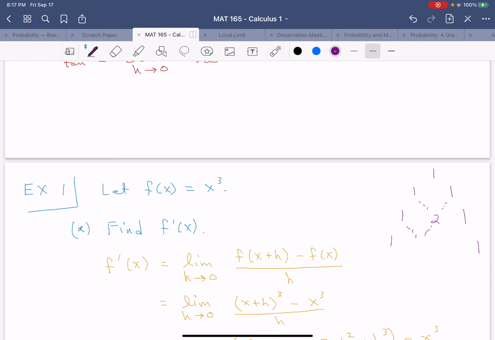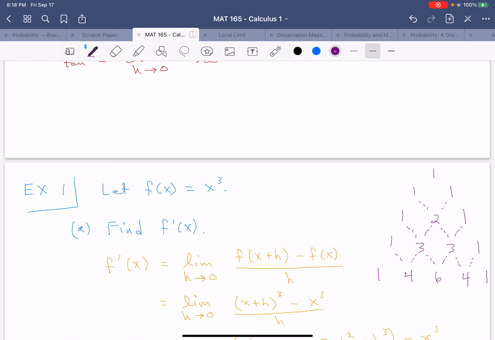And 1 plus 2, that's 3. And then 2 plus 1, that's 3. And we'll do one more level. So 1s down the diagonal. 1 plus 3 is 4. 3 plus 3 is 6. 3 plus 1 is 4.